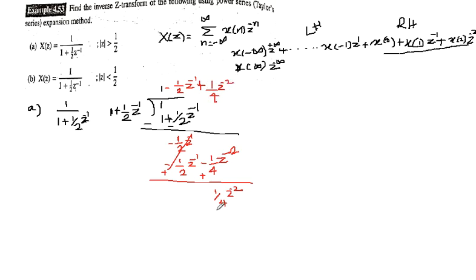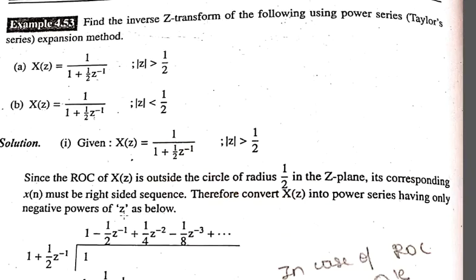When we multiply this, we get 1 by 4 z to the power minus 2, and this 1 by 4 into 1 by 2 is plus 1 by 8 into z raised to minus 3. So it continues.